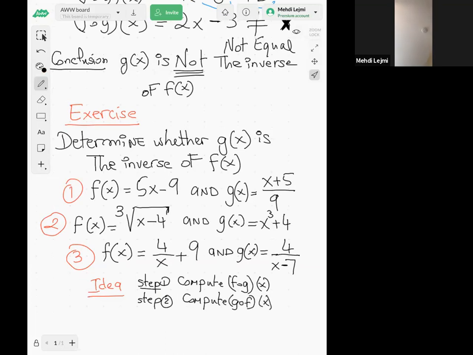If in one of the steps you don't get x by itself, then g is not the inverse.